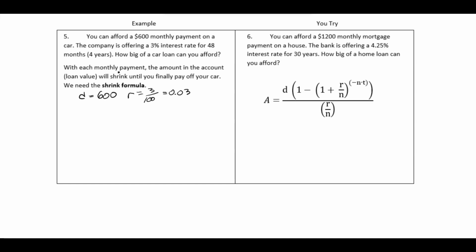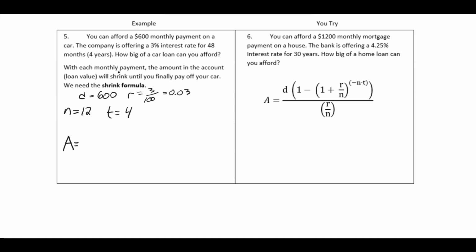The N, in this case, isn't how many times compounded, it's how often you make your deposit, or your withdraw, or your payment. In this case, monthly, we would use N equals 12. T is how many years? That would be 4.